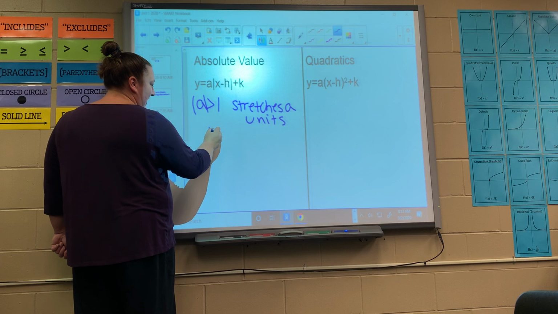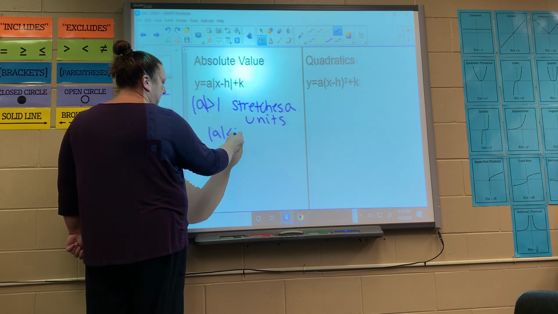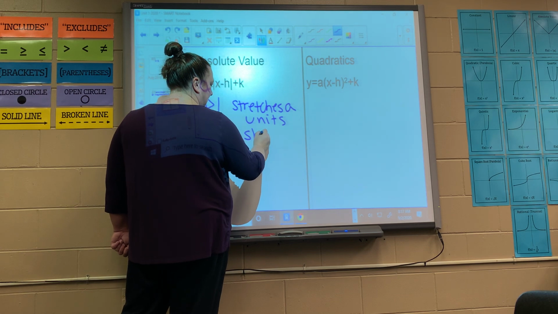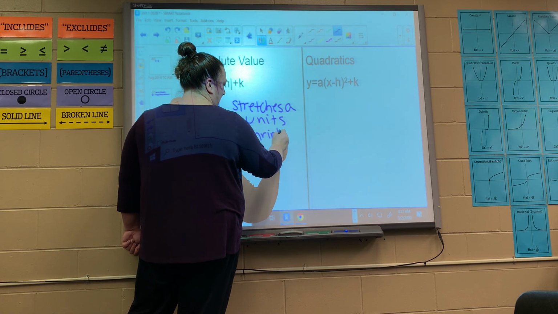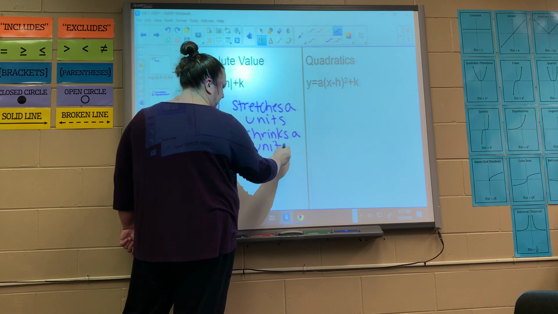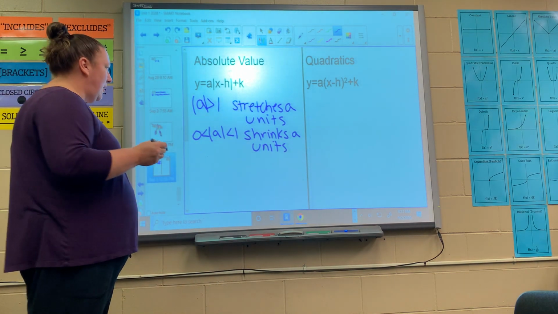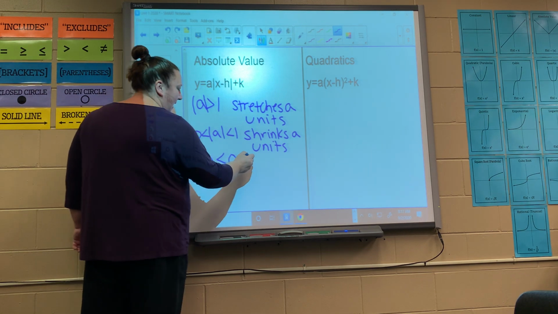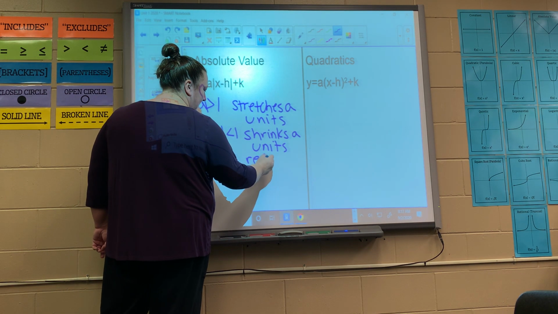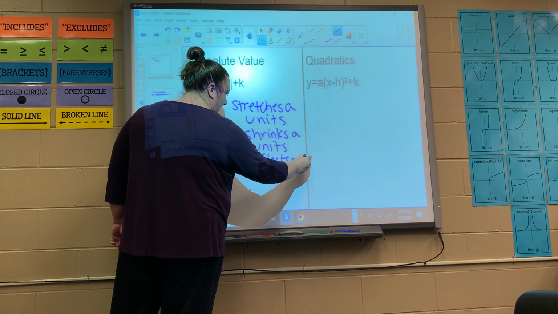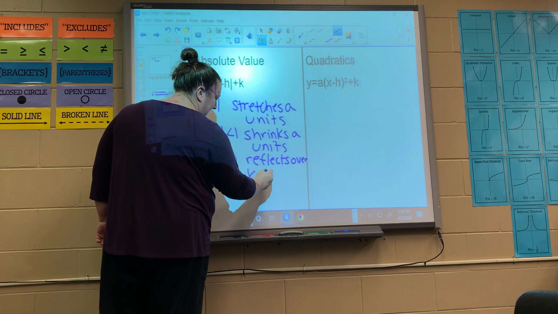When the absolute value of A is between 0 and 1, it shrinks A units. And then when A is less than 0, it reflects over the x-axis.